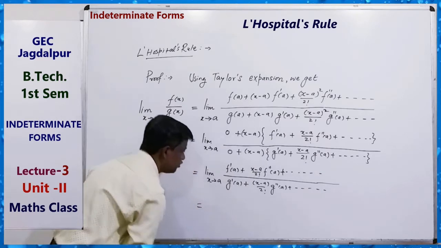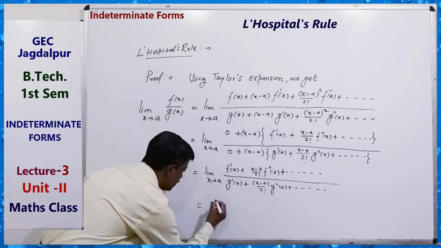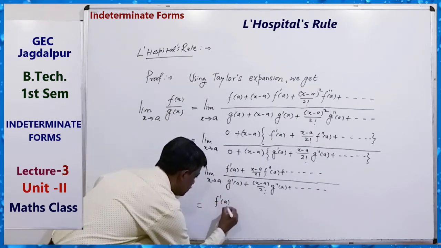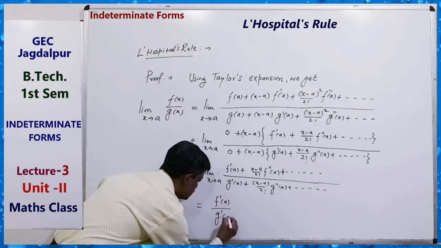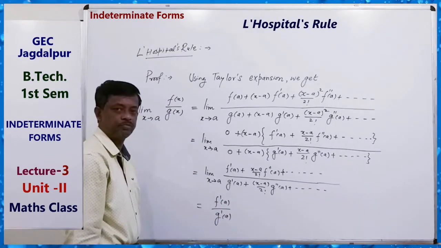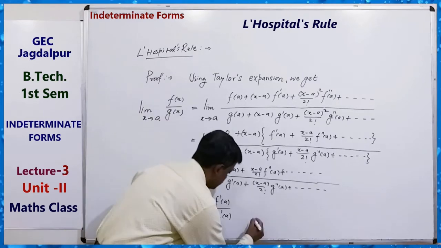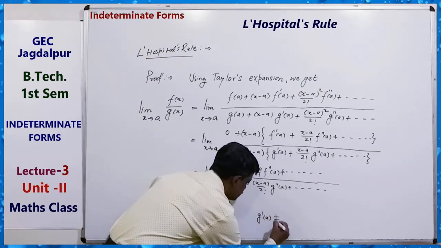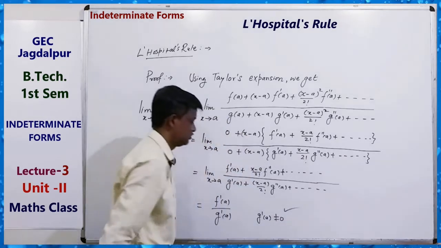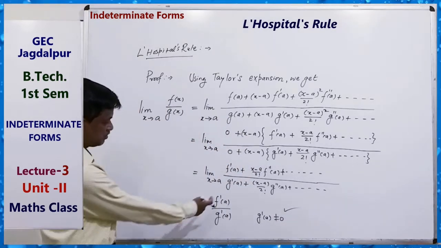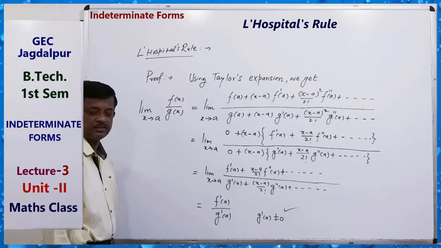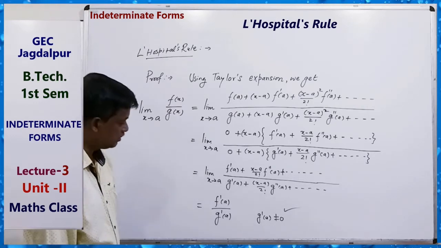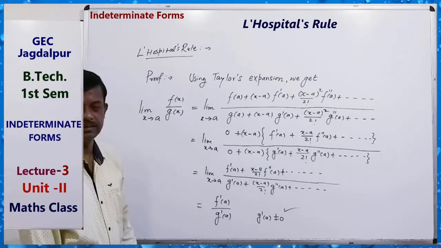So this equals f dash a upon g dash a, where g dash a is not equal to 0. So this is the formula.